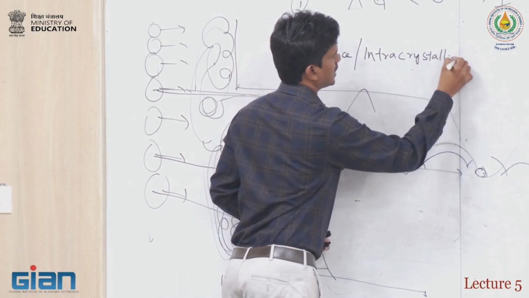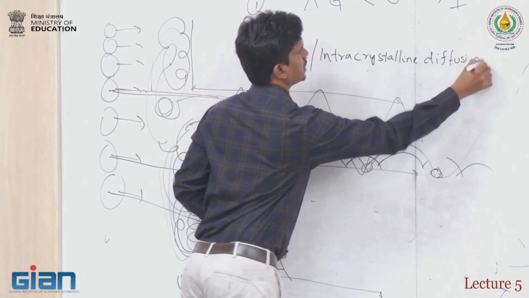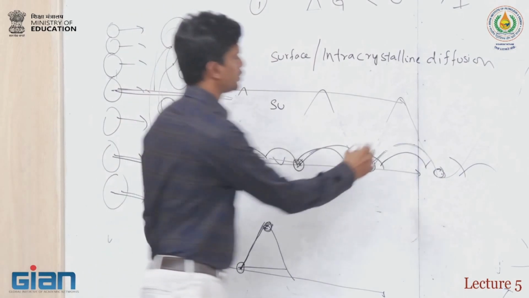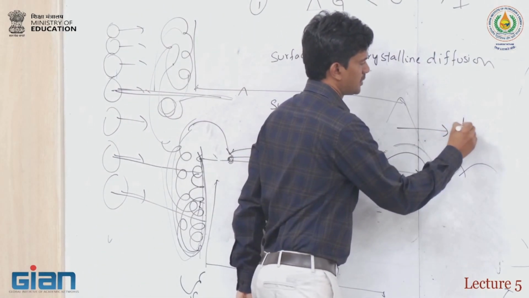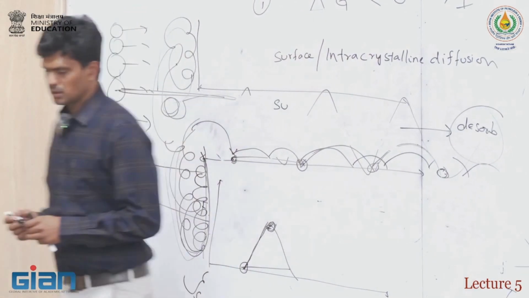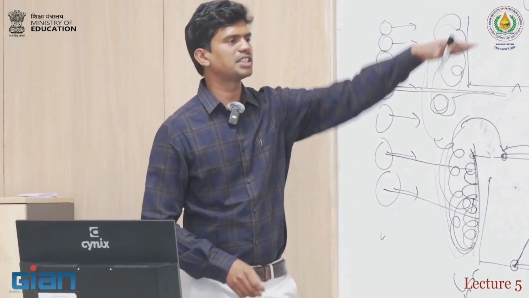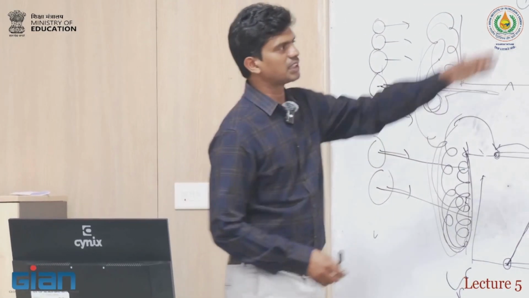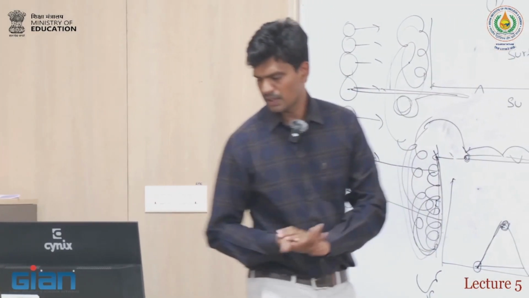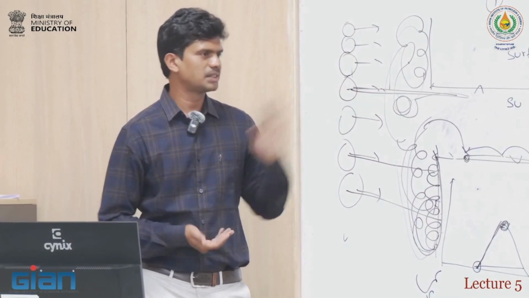That means within the crystalline thing it diffuses. And then it has to desorb, right, if I want to go back. Therefore these gas molecules have to experience this many resistances before reaching the end of the pore. Okay, so this is an ideal case, right?